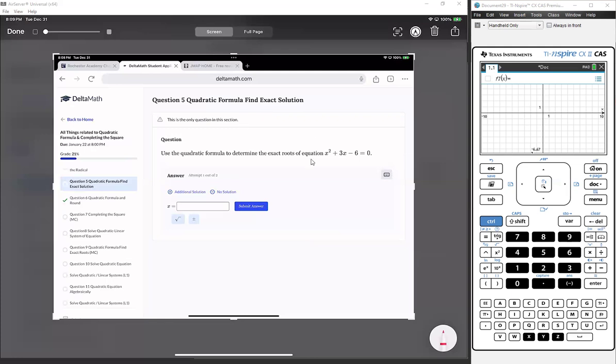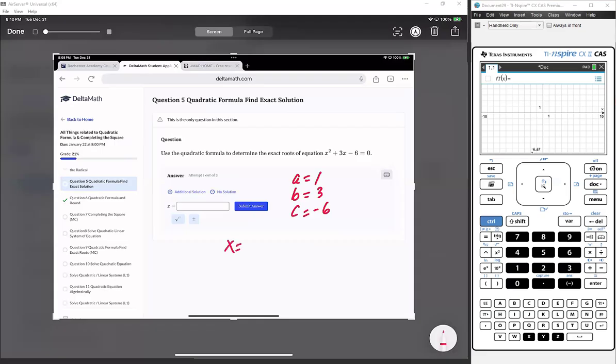So again, first thing you're going to do anytime you see a quadratic equation and you need to solve it, you are going to use the quadratic formula. So A, B, C. So it's going to be 1, 3, -6. And then you're going to put this in.